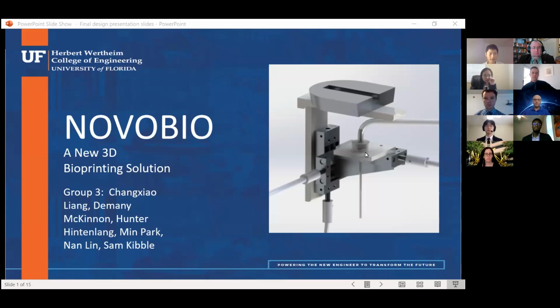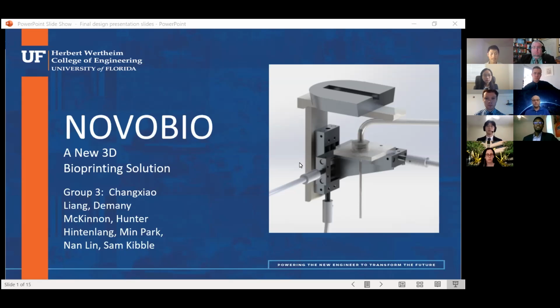Hello everyone, we are group 3. Today we'll introduce our NovoBio 3D bioprinting solution. The outline of our presentation will be, first we will outline our Hedgehog concept. Then we'll provide you with a product overview. Next, we will describe to you how each subsystem addresses a set of corresponding customer needs.